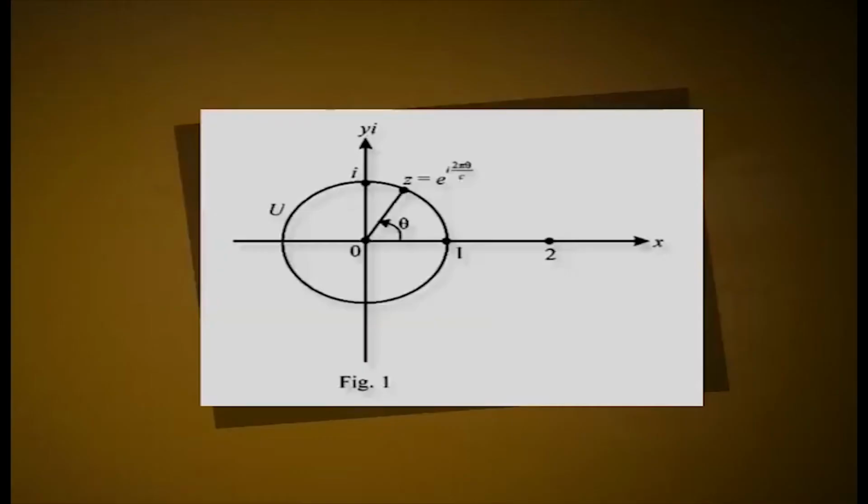We note that the given U is a circle in the Euclidean plane with center at the origin and radius 1. As shown in figure 1, corresponding to any z in U, there is a unique theta in R such that 0 less than or equal to theta less than 2 pi and z is equal to e raised to i theta. Take theta_C is equal to C by 2 pi into theta.